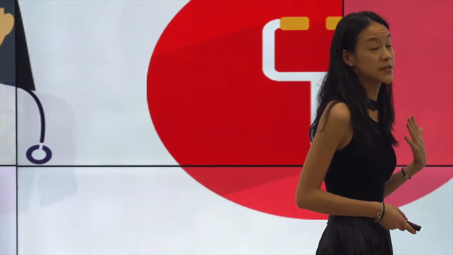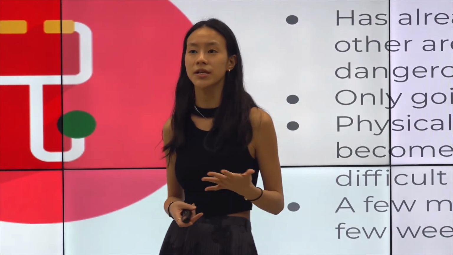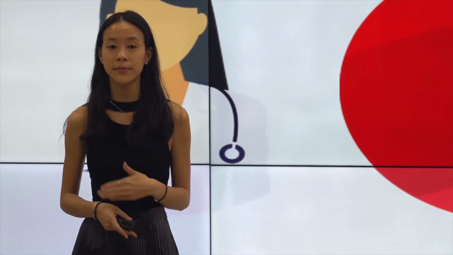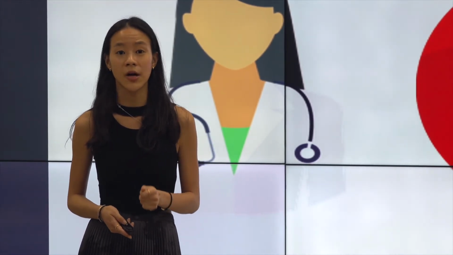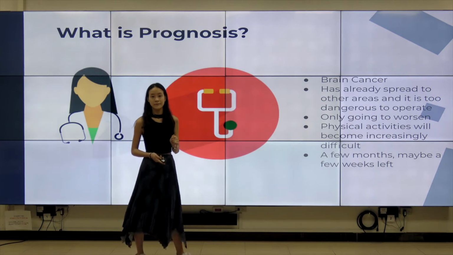Physical activities will become increasingly difficult, and potentially you might only have a few weeks to live, and if you're lucky, maybe a few months. Right now, all we can do is give you treatment, but we can't operate and completely take the tumor out. I'm sorry about this." This exactly is prognosis.